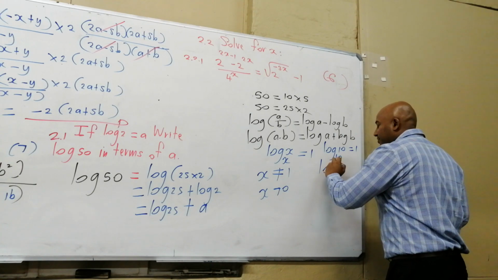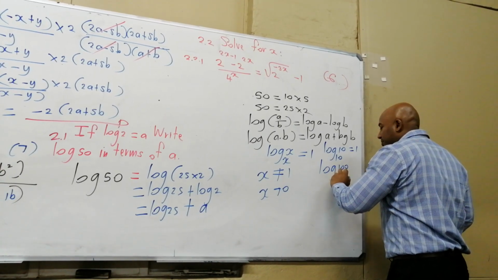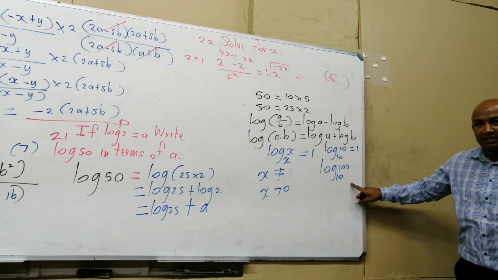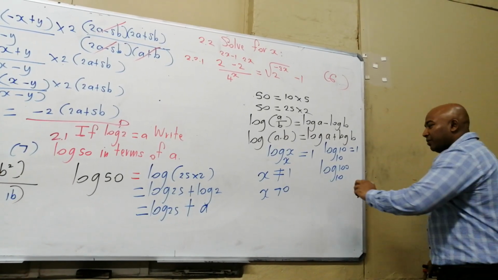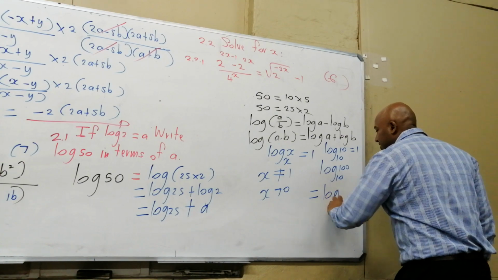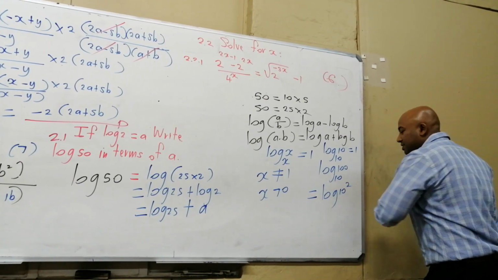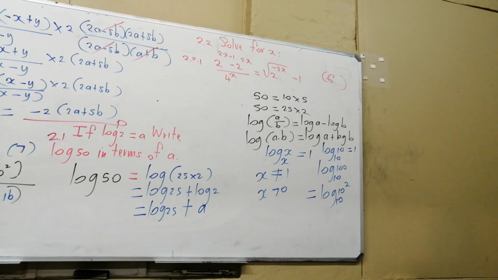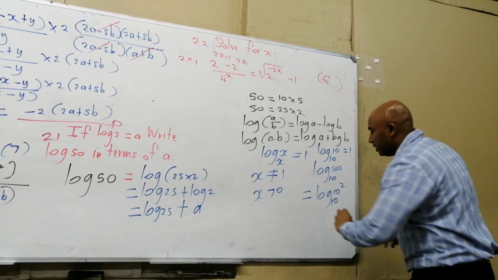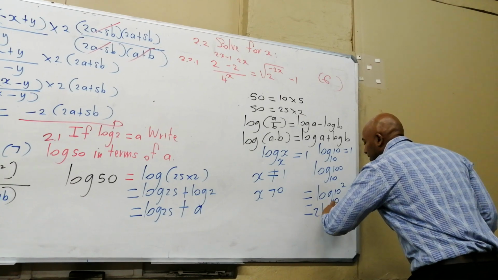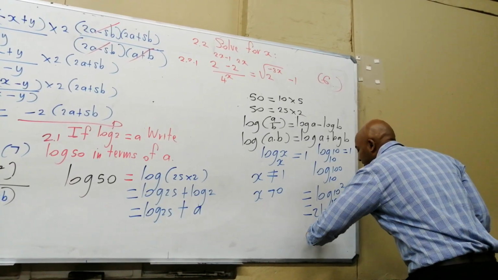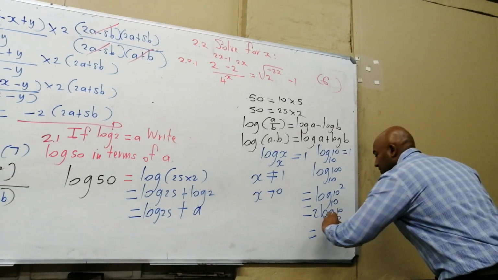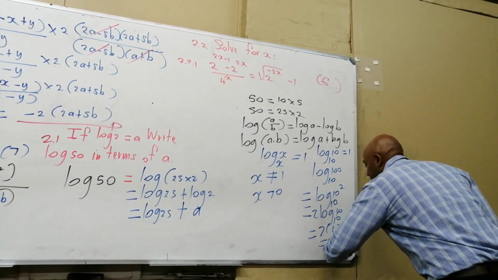What happens if I have log 100 to the base 10? Now we know that 100 is 10 squared, and there's your base 10. Can you see that? Now if I have an exponent, I can bring it down. So that's going to be 2 log 10 to the base 10. And what is log 10 to the base 10? 1. So therefore 2 times 1 is equal to 2.